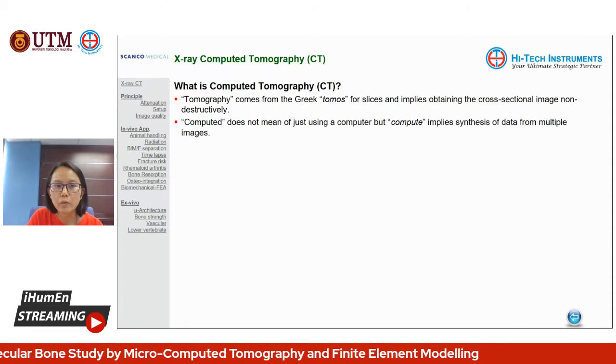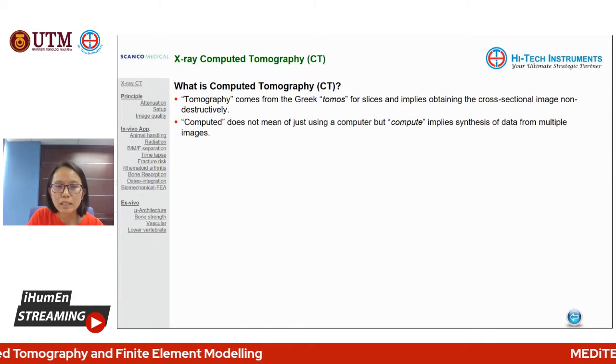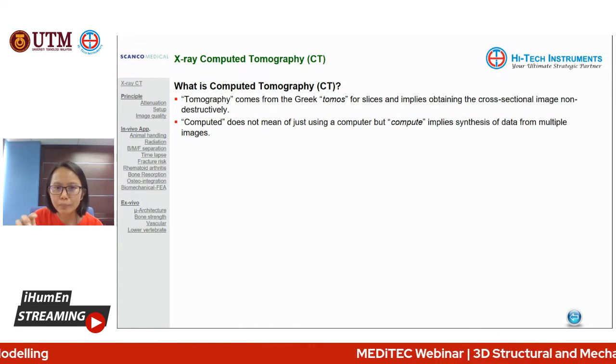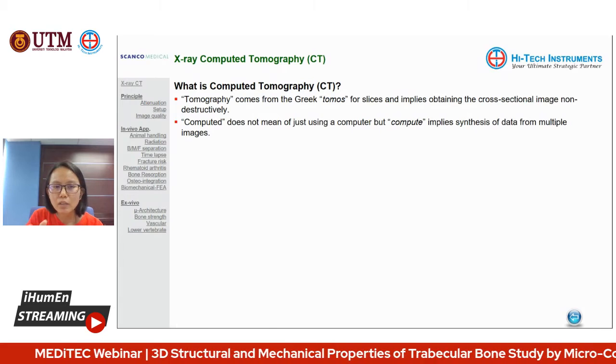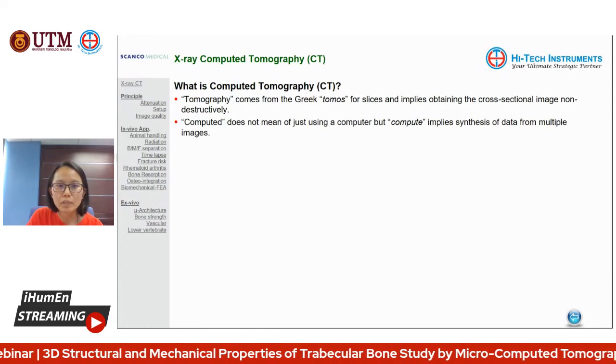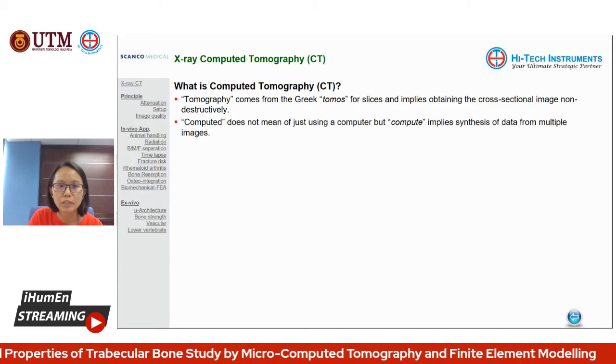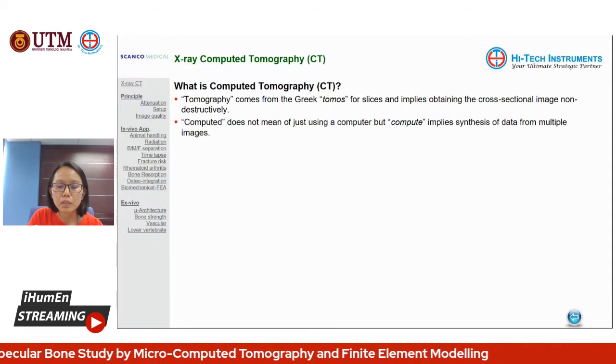So it fits very well for our X-ray CT here. And the computed part, most of us will be thinking it refers to a computer, but in CT it doesn't just mean the computer itself, but also the synthesis of data, the generation of data from multiple images.